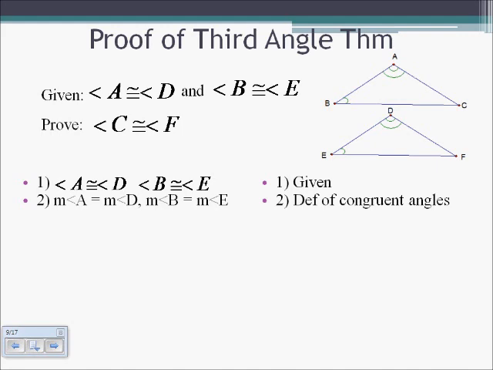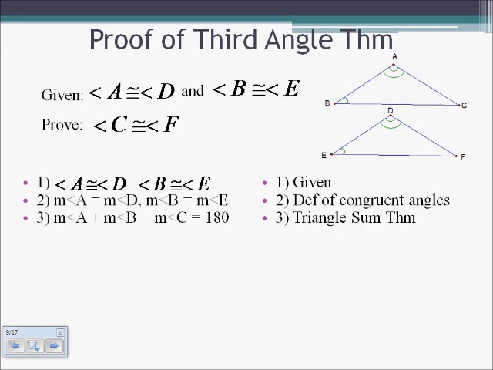We might be able to show something that we know about triangles. We know that if we have triangle ABC, the angles A, B, and C add up to 180 degrees. So we know ABC is equal to 180 degrees by the triangle sum theorem. We just proved it in the previous section.